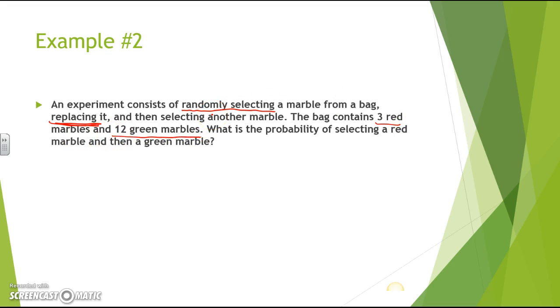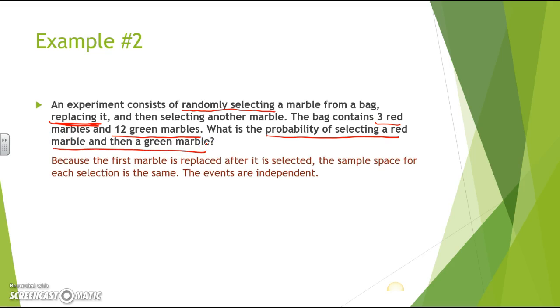They want to know what is the probability of selecting a red marble and then a green marble. So in this situation, because the first marble is replaced after it's selected, the sample space for each selection is the same. So these are independent situations because you are taking a marble out, but then you're putting it back after you've selected it the first time.